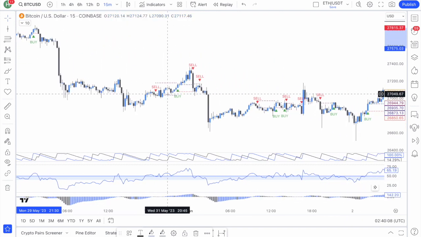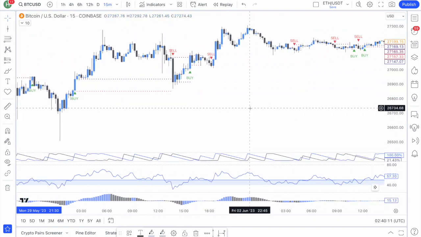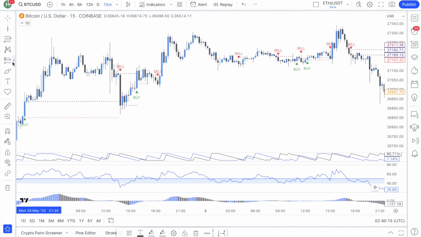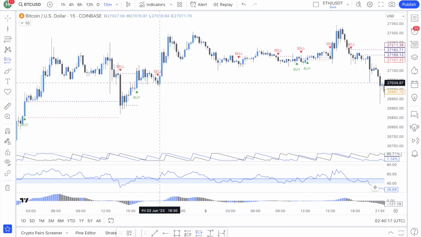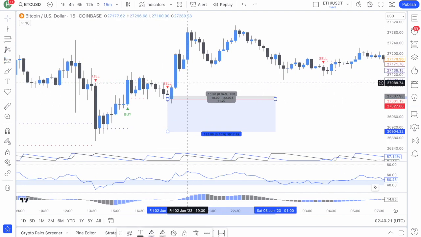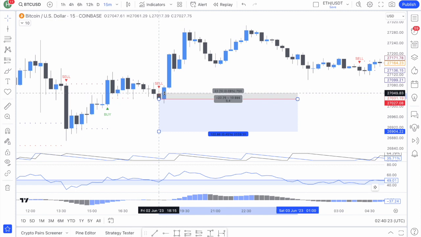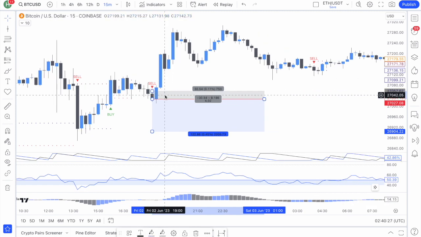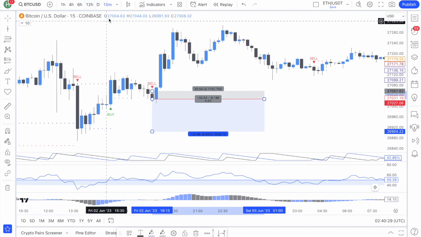I'm going to go to June 3rd. So right here, that one would have been stopped out. So let's go ahead and do the short position here. Would have been short right here. So that would have been -1 at -0.11.